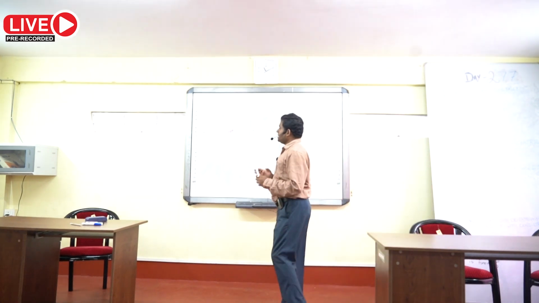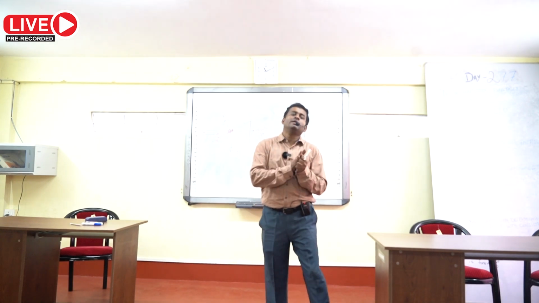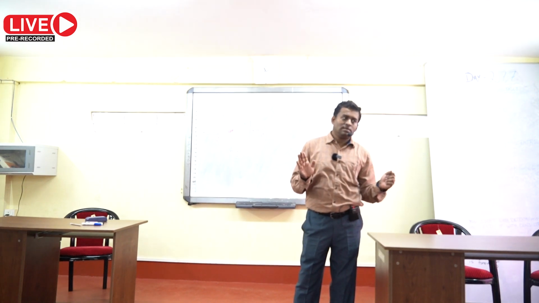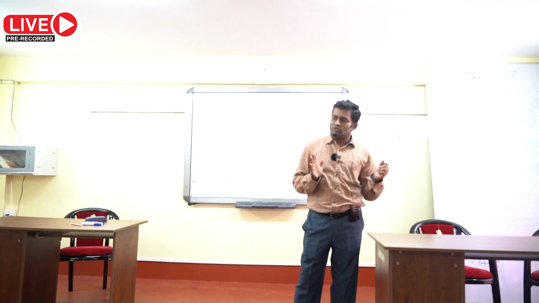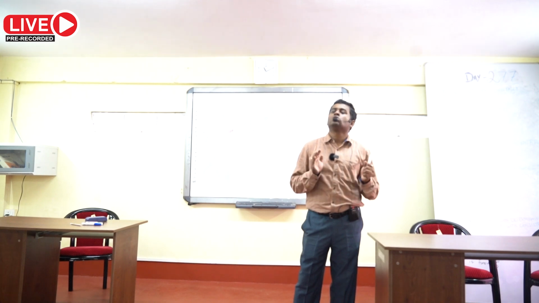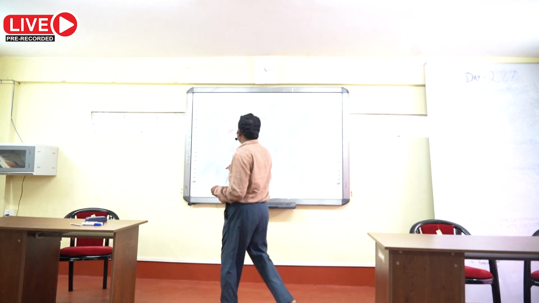Now F and N are already perpendicular to each other, so we will not try to split them into components. Clear? Now the other two forces have to be split into components. I will resolve those two forces only. One is mg.